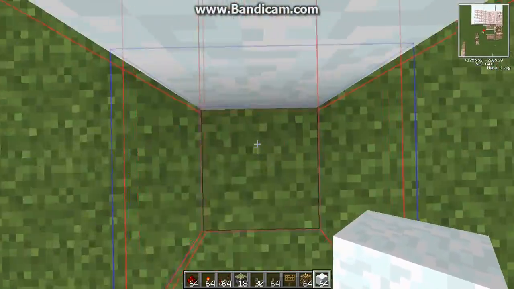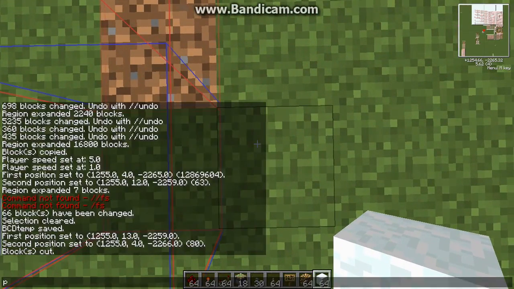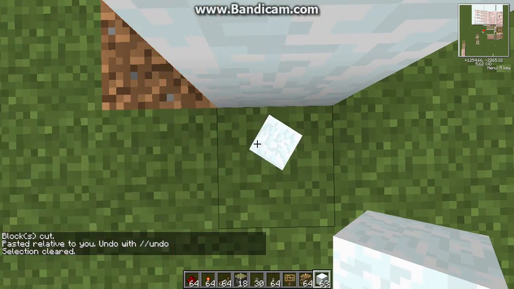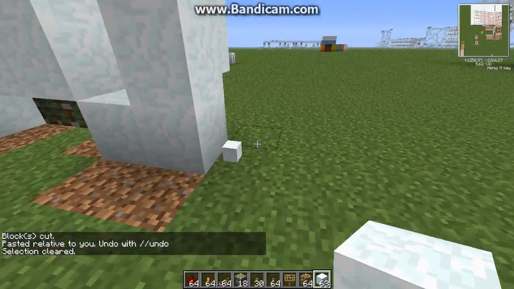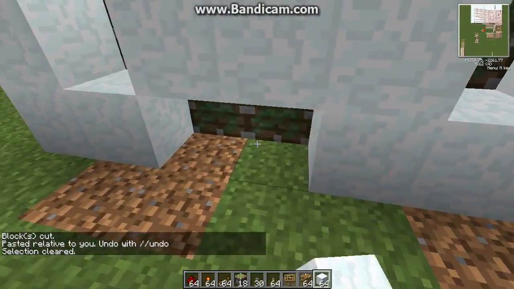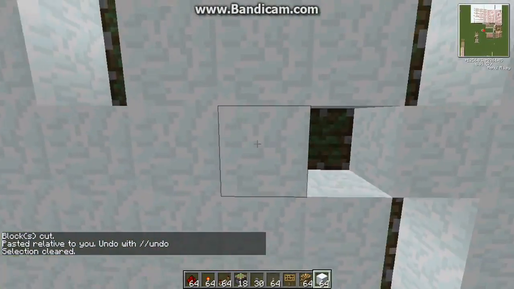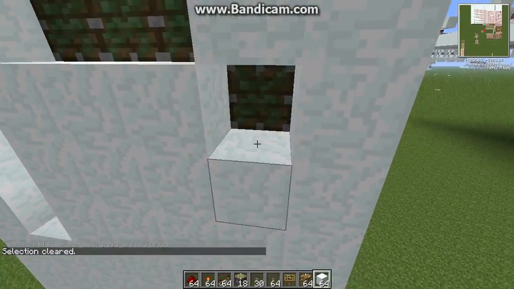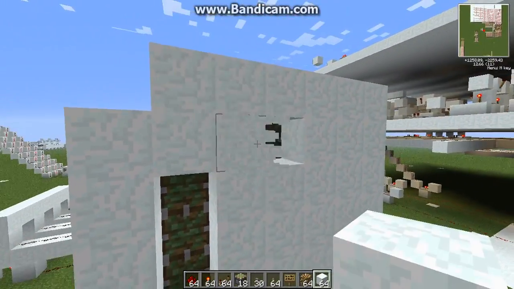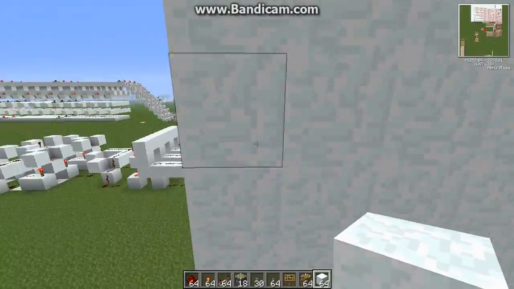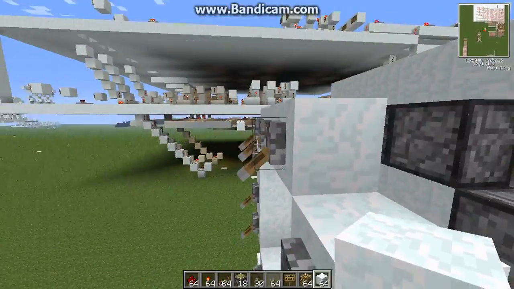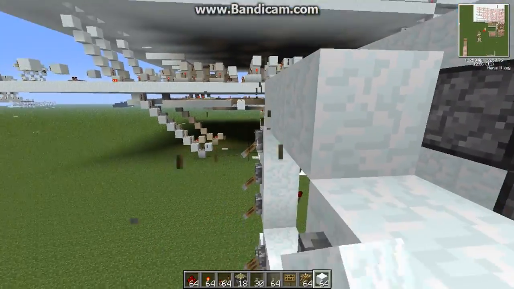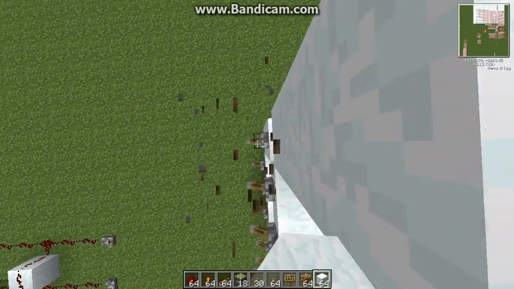Now just cut and paste. And that should also delete all the blocks in front of the pistons, but not as big of a deal. And again, no fancy redstone going on here. This is just basic display. Basic pistons, basic torches. Things most of you should be pretty familiar with by this time.